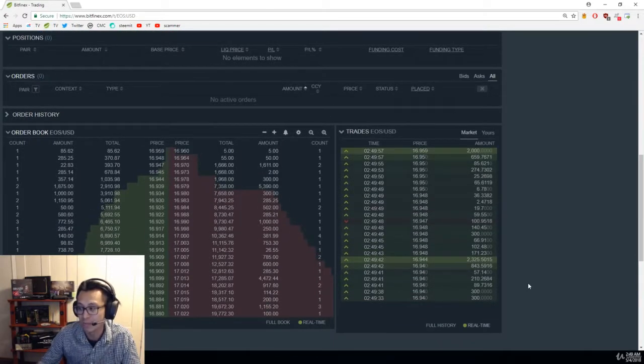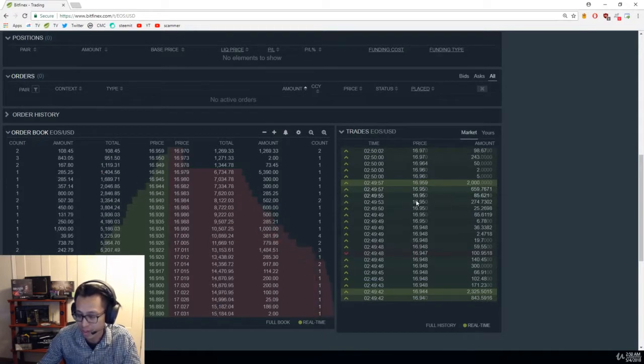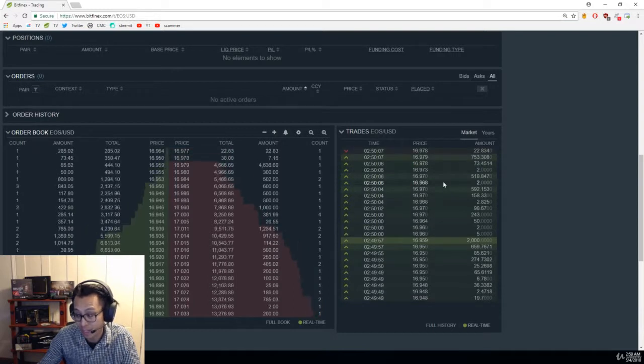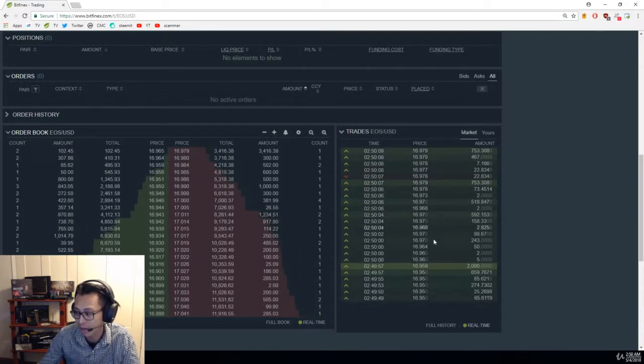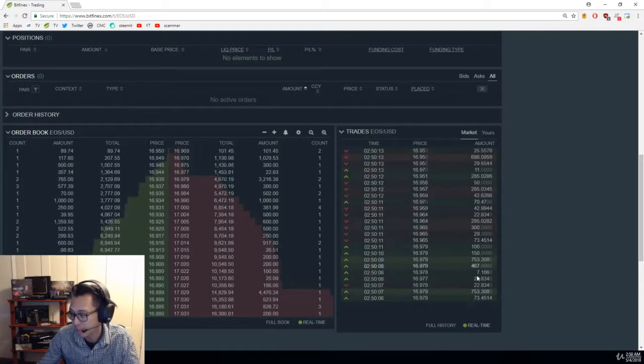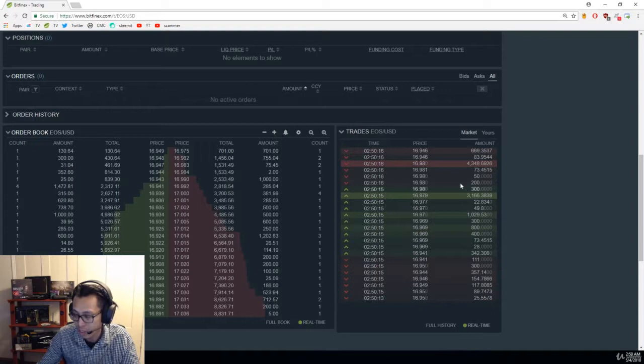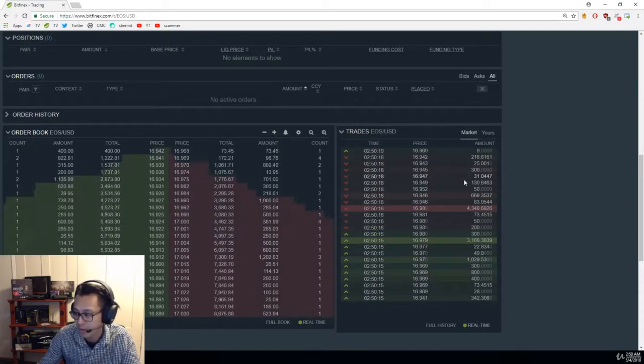So now we keep reading the level 2 order book, and what we see is a lot of people are actually buying across the board, right? Tons of people are buying right now. Looks like it's going to end up spiking pretty well in price. There's lots of green across the board, and you don't see that many red sellers. Okay, now there's a little bit of pressure for it to go downwards, right?